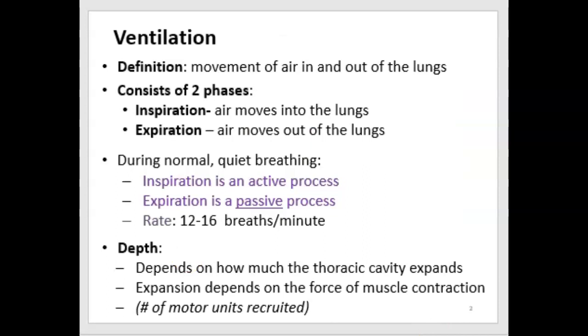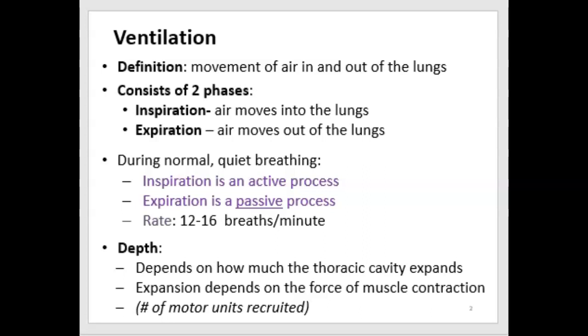So as I've defined, ventilation is defined as the movement of air in and out of the lungs, and it consists of two phases. One phase is called inspiration, and that's when air moves into the lungs. The other phase is called expiration, and that's when air moves out of the lungs.